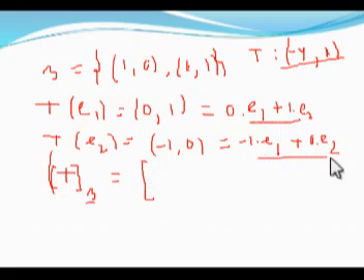So these are 0, minus 1, and 0 and 1 will be the first column. This is to be remembered: I am taking 0 and 1 as the column vector. You cannot take it as a row.